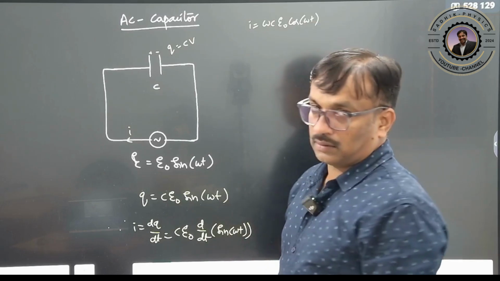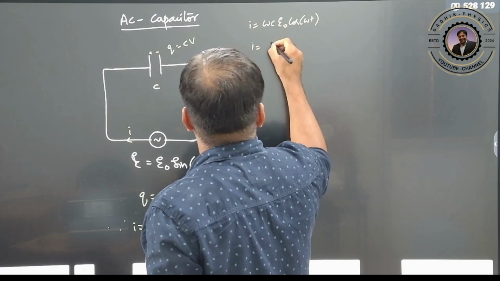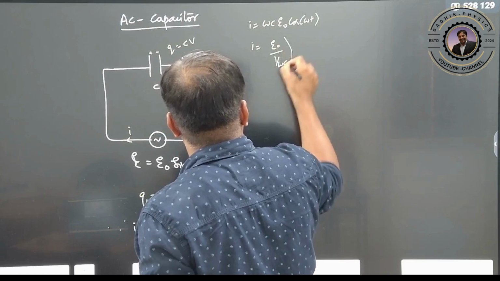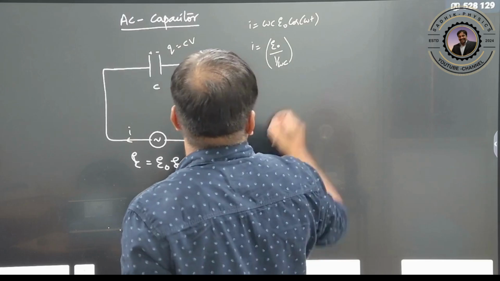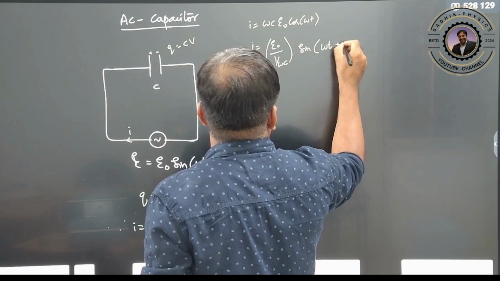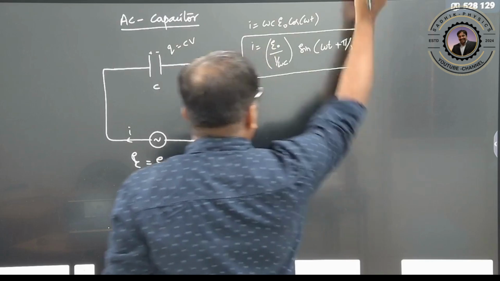Clear? Now we can rewrite it as E naught by 1 by omega C, because 1 by this will become a multiple. And cos we can write as sine of omega t plus pi by 2. This is your current, right?